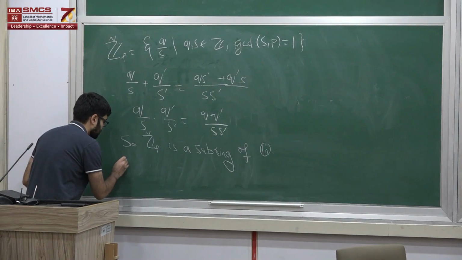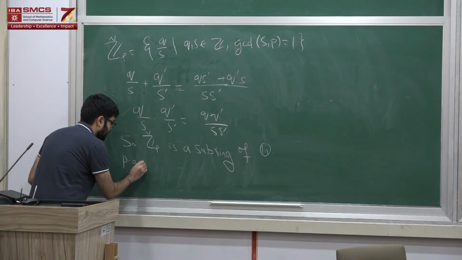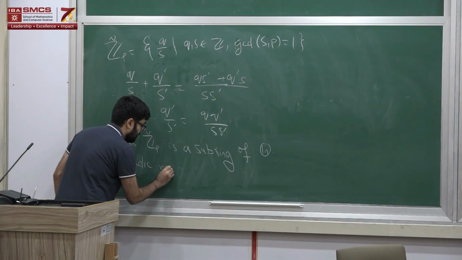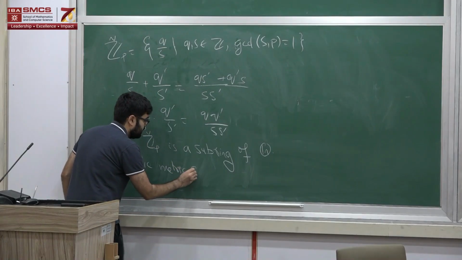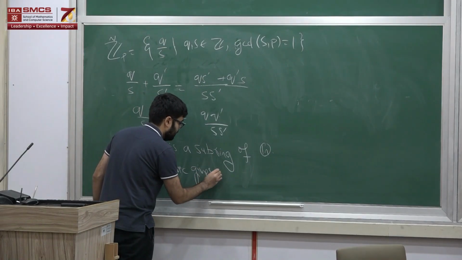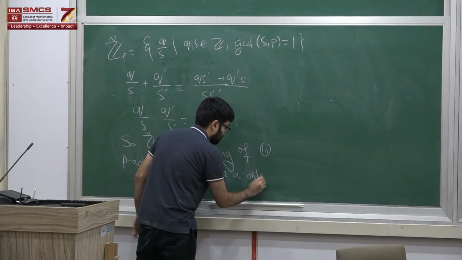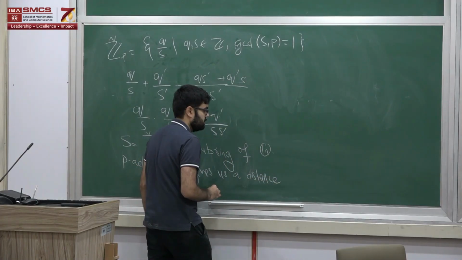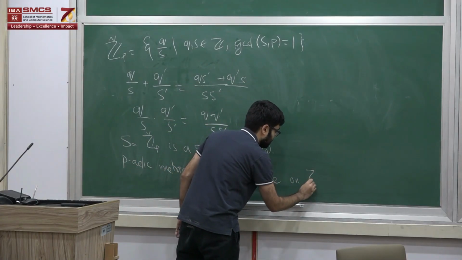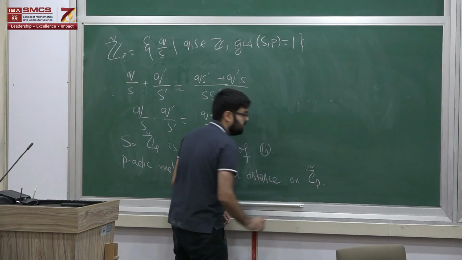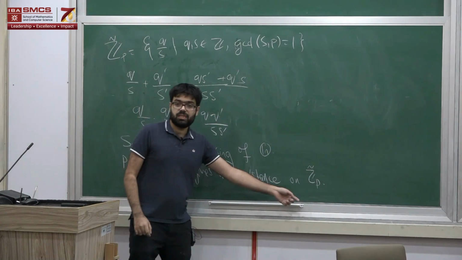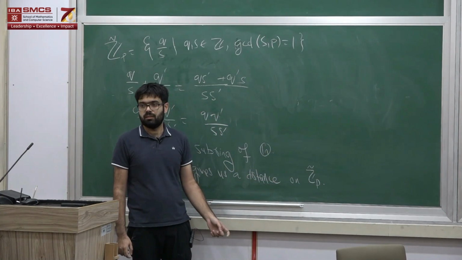The p-adic metric gives us a distance on Z tilde p, but this space is again not complete with respect to this metric.